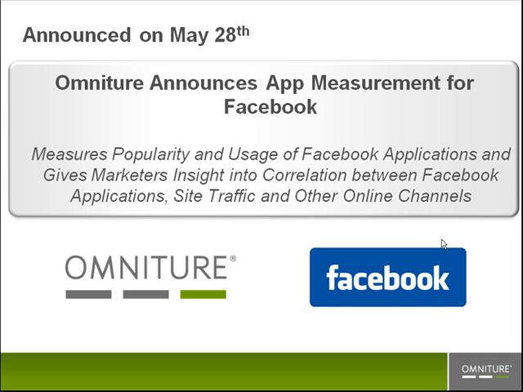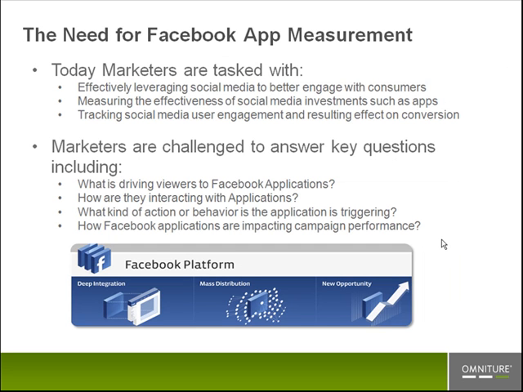One of the other things that we announced recently is Facebook app measurement. A lot of marketers are using apps within Facebook to promote content because it's a great way for content to spread virally. But one of the things that has been difficult is understanding exactly how customers are engaging with that content.